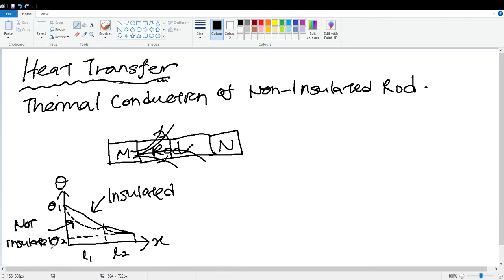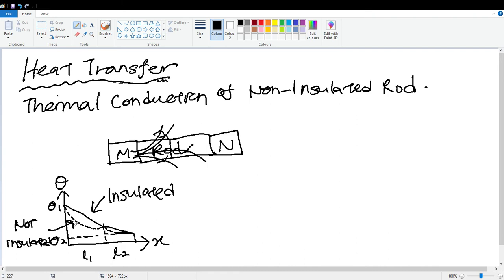So for the insulated rod, the heat is not lost to the surroundings, hence the temperature is steadily decreasing from T1 to T2. So the heat flows from T1 to T2 at steady state.